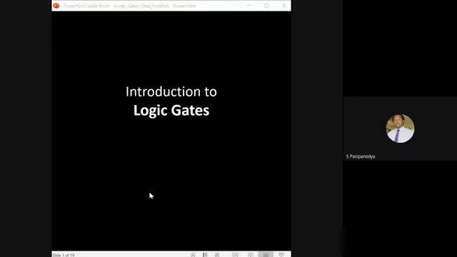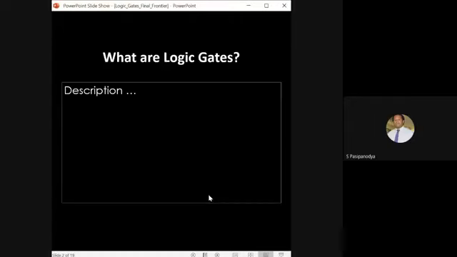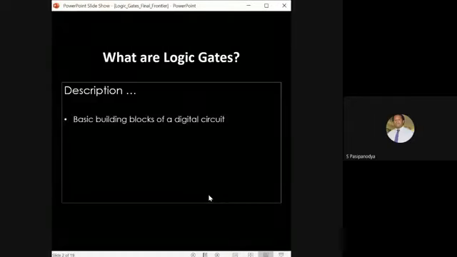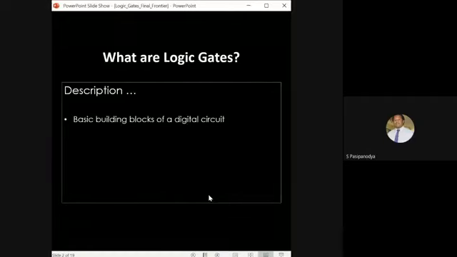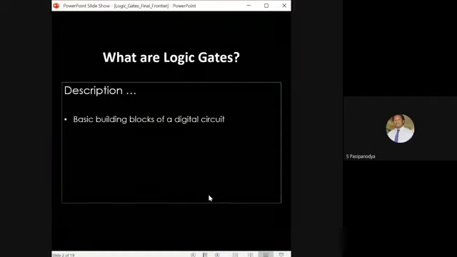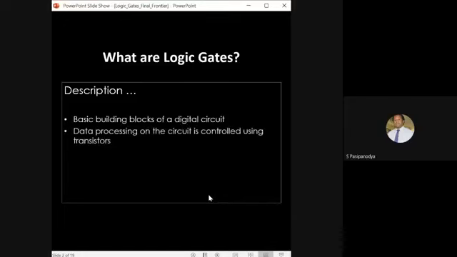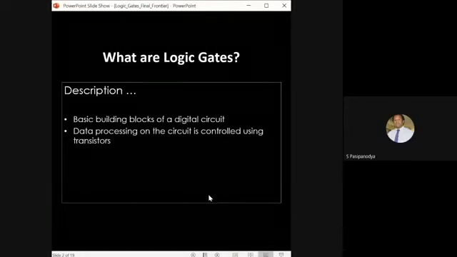When we're talking about logic gates, these are the basic building blocks of any architecture that we know out there. They allow us to represent what we call digital circuiting within our computer architecture design. So we can represent data processing within a circuit by controlling how data moves from one node to the next.